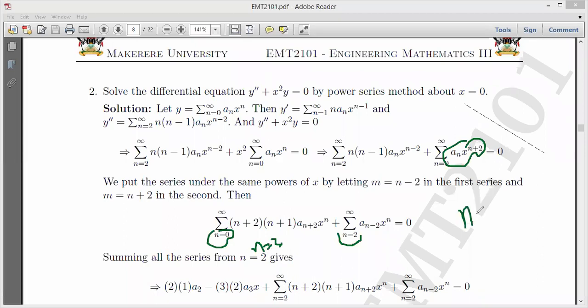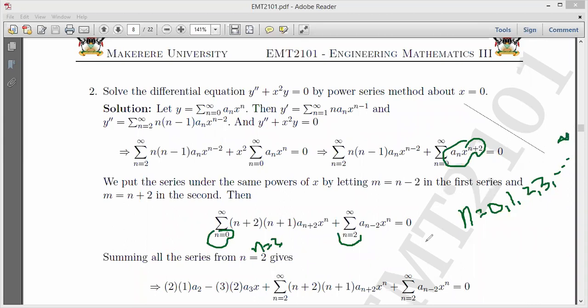We know that n runs from 0, 1, 2, 3, and it can go on all the way to infinity.